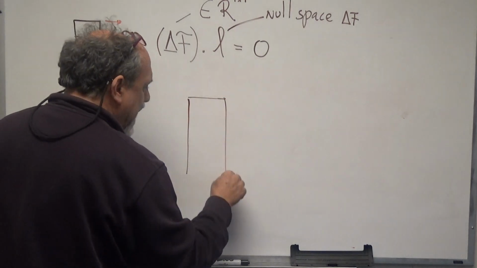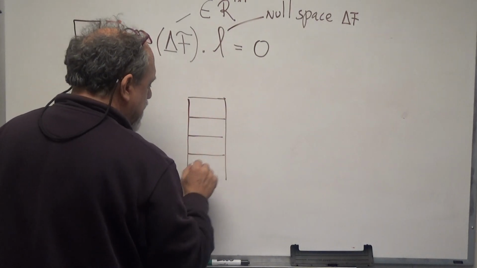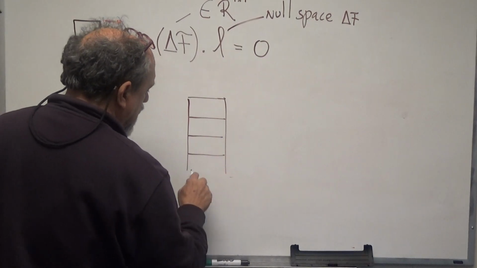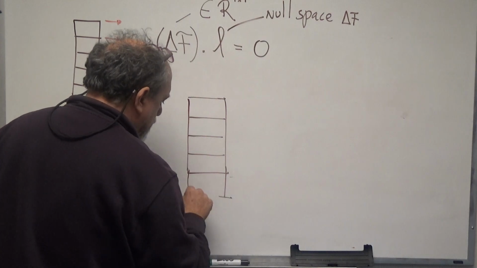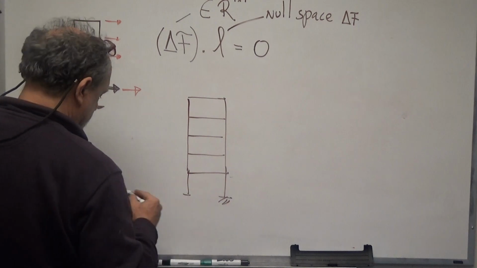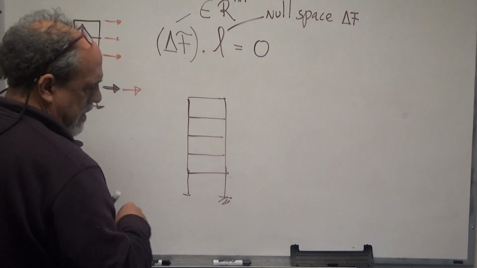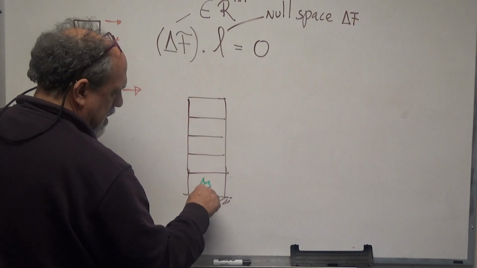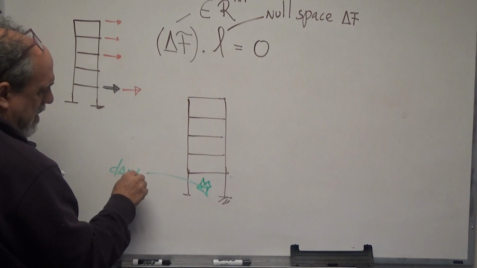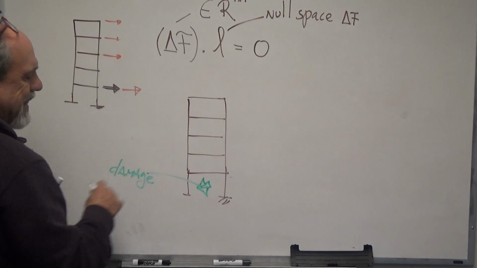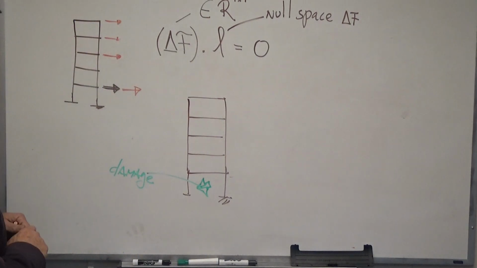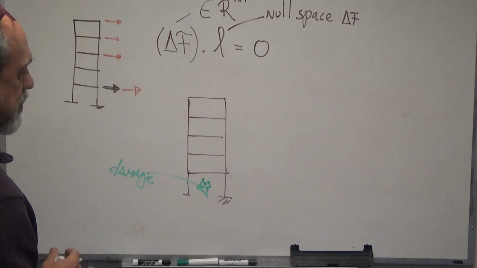So for example, if we had this 1, 2, 3, 4, 5, wait, one more. Now let's say, for example, that the damage was here. So let's say that the damage was on the first floor. Now, there was a damage on the first floor.